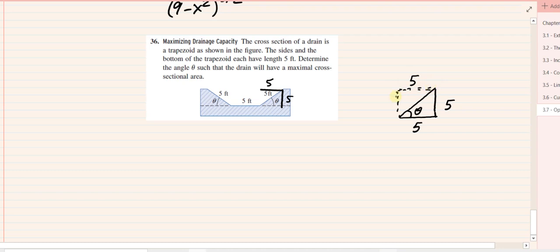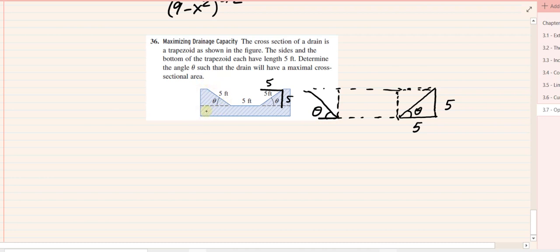Now I can actually determine the trapezoid this way. And of course this is the angle theta. So I'm looking at this side now.